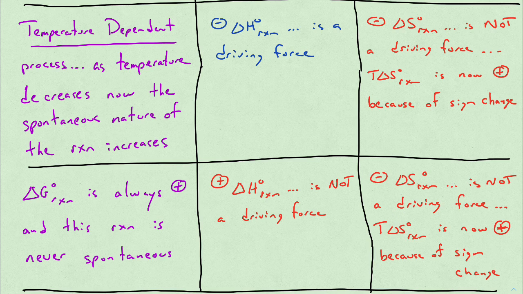And if one is a driving force, now we have a temperature-driven process. Sometimes that's increasing temperature, sometimes that's decreasing temperature. But again, that's just going back to trying to minimize the force that's not driving the process, trying to minimize that magnitude.